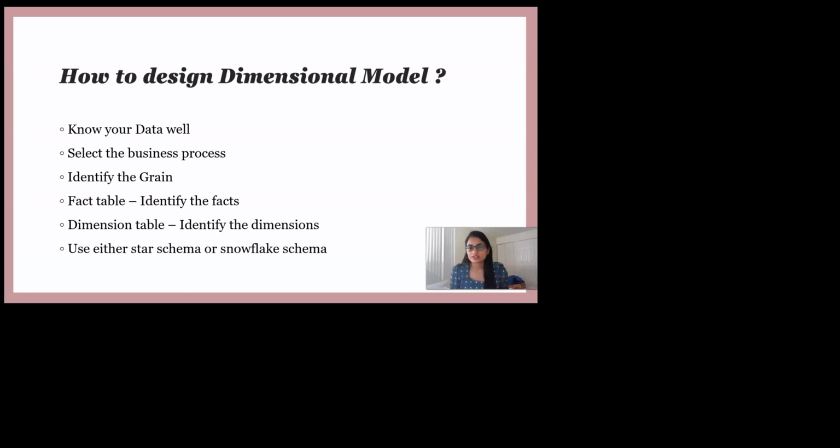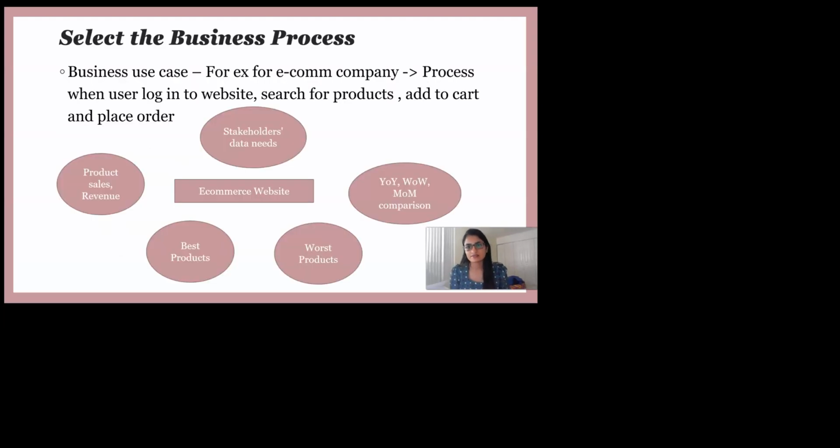So you understand that well, you select the business process, you identify the grain, you identify the facts, create the fact table, identify the dimensions, create the dimension table, and you use either a star schema or mostly a snowflake schema. This is how you design your dimensional model. Let's discuss all of these in detail in the upcoming slides.